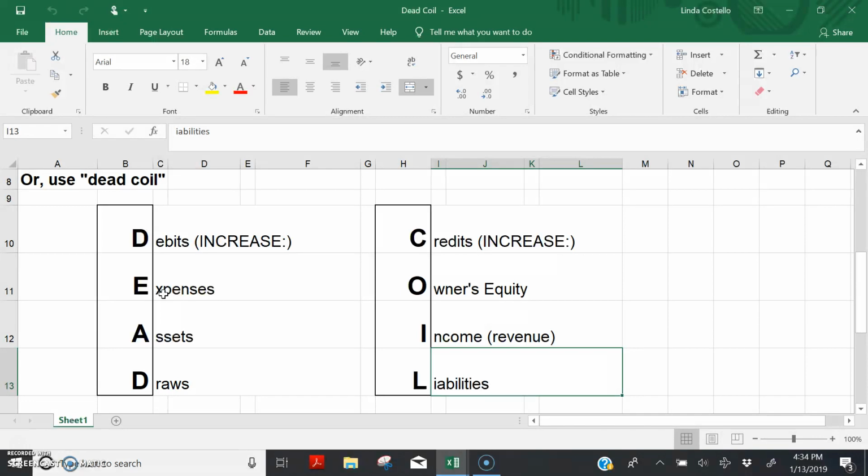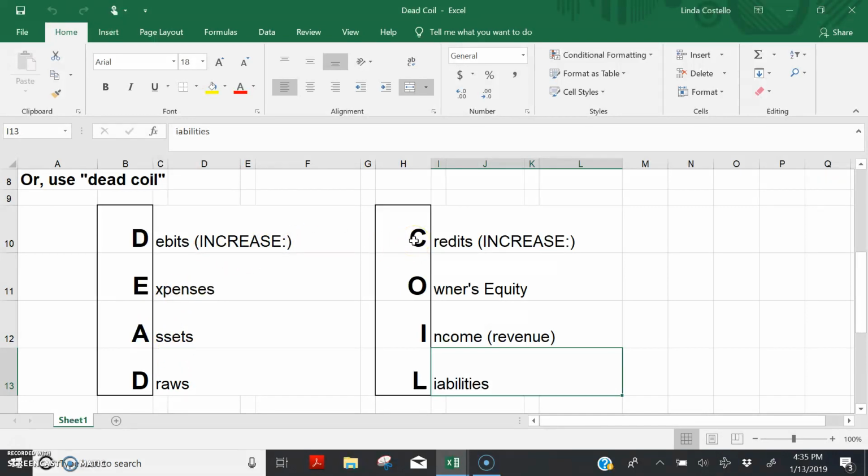For example, if you want to increase the cash account, you need to debit the account because cash is an asset with a normal debit balance, and like signs add. If you want to decrease the balance in the cash account, you need to credit the account because cash is an asset with a normal debit balance and opposite signs subtract. The balance in cash will be increased with a debit and decreased with a credit.